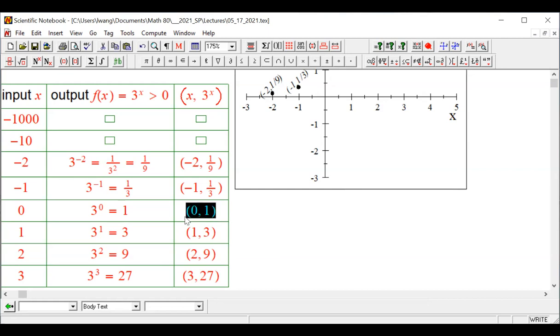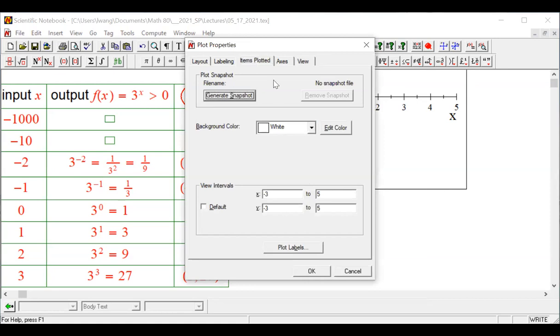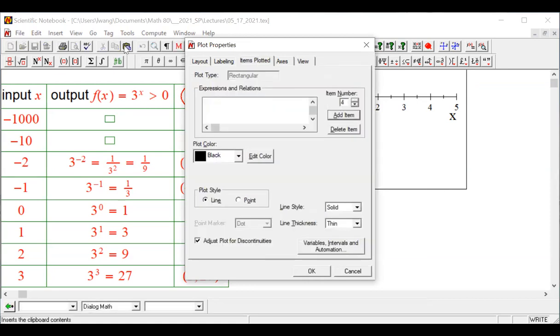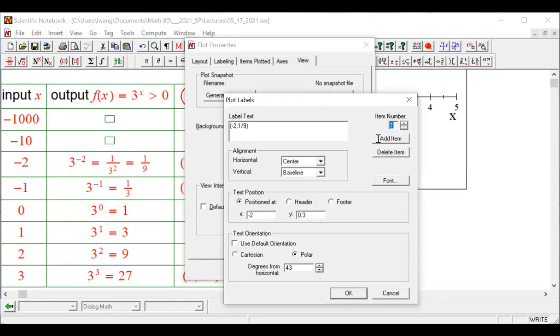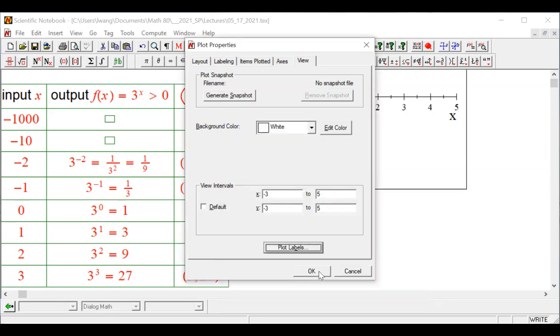Okay, so keep doing that. 0, 1/3, 0, 1, 1, 3. So we're going to put every one of these points on the chart. 0, 1. Okay, and that point is going to be 0, 1. 45 degrees seems to be fitting.